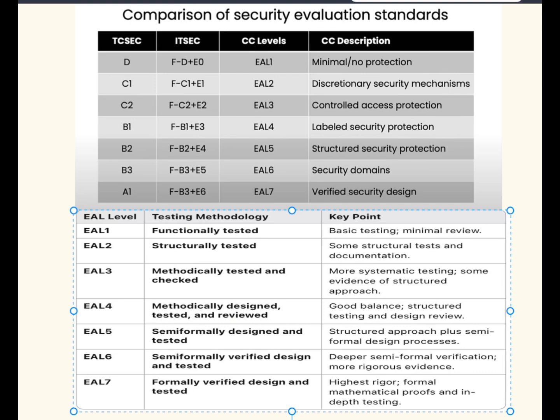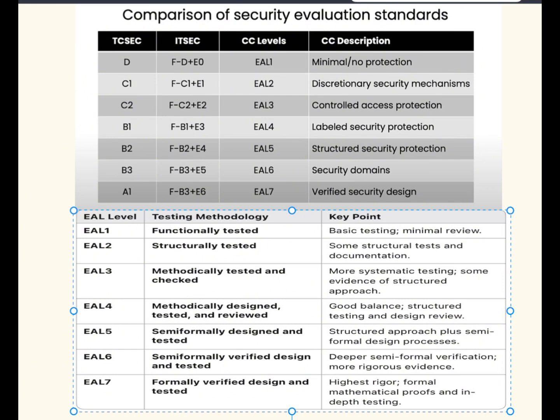EAL4, labeled security protection, standard enterprise grade apps like firewalls. EAL5, structured security protection, apps needing stronger protection, financial apps. EAL6, security domains, high security apps, critical systems. EAL7, verified security design, top level critical national security apps.